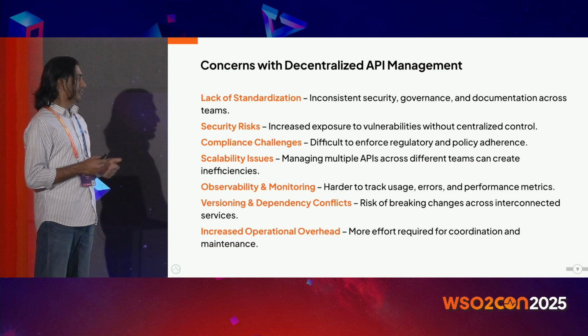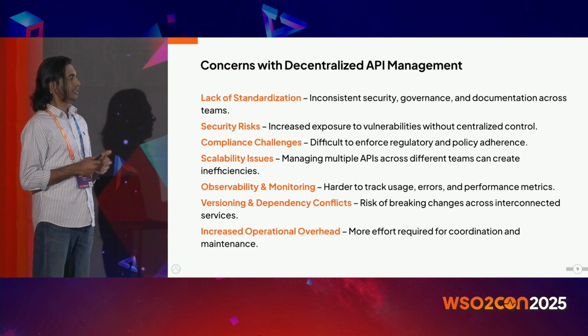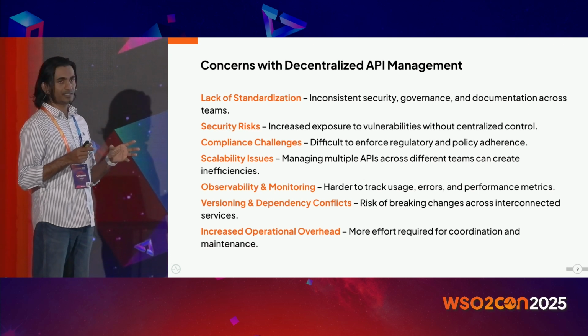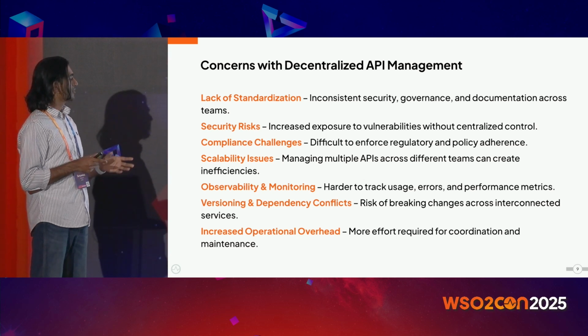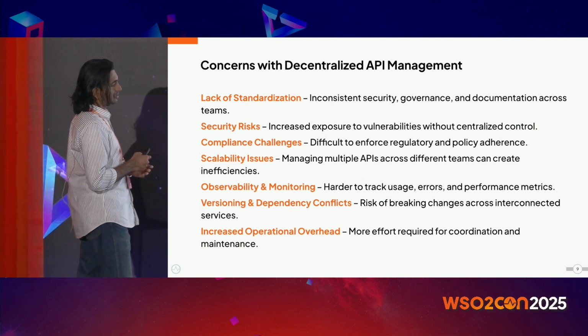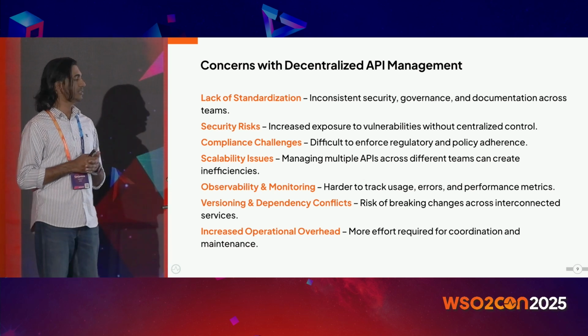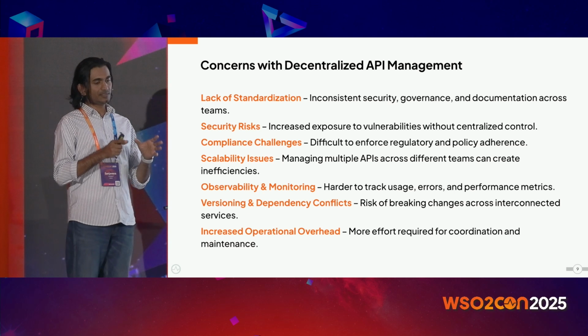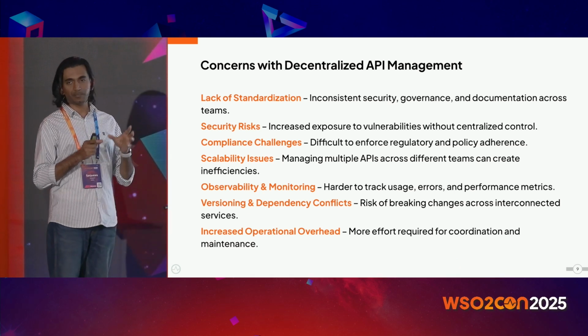When it comes to versioning and dependency, there can be conflicts as well, because these are disconnected processes and we don't have central control. And when it comes to operational overhead, it can be significant compared to other models, because each of these gateways is managed by different business units.